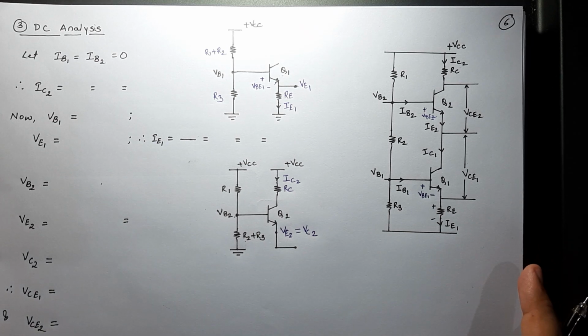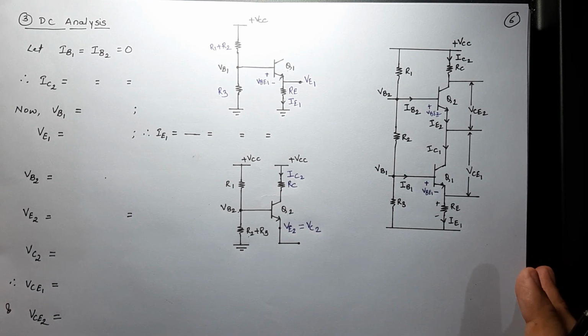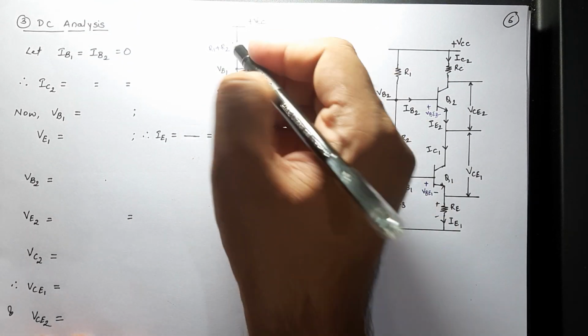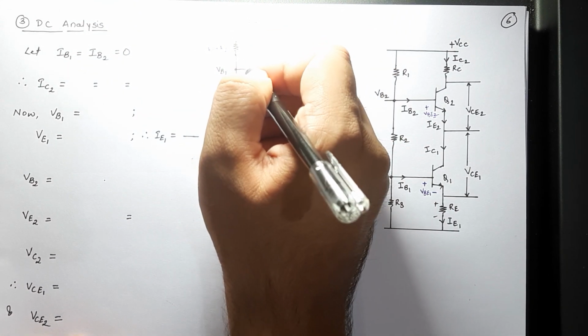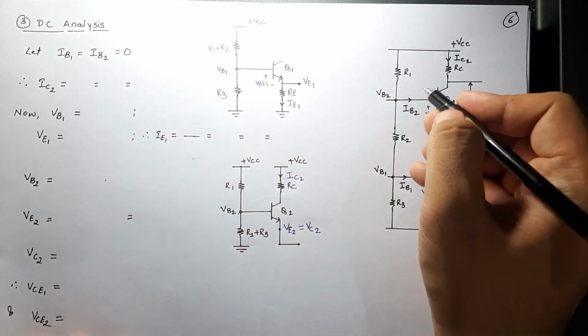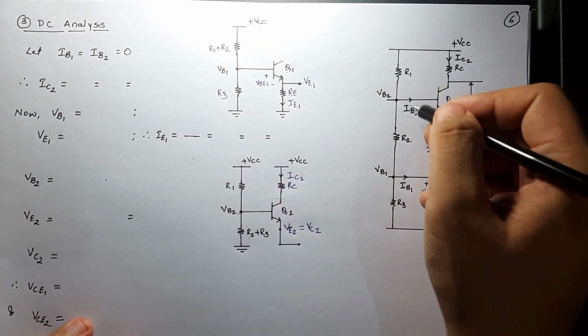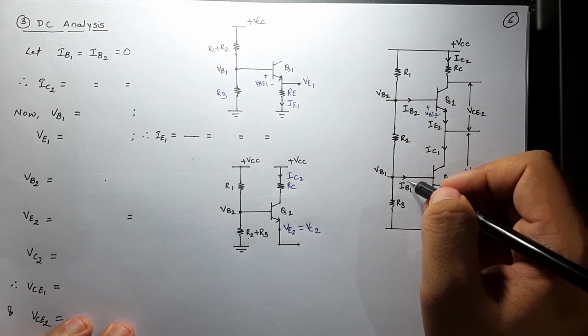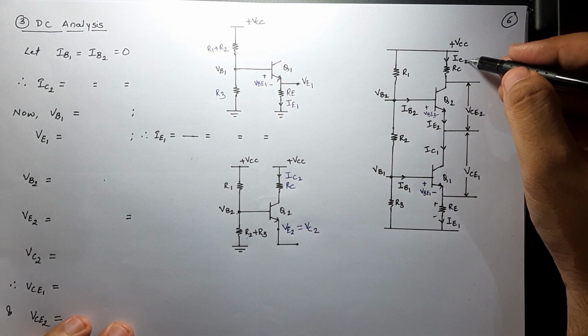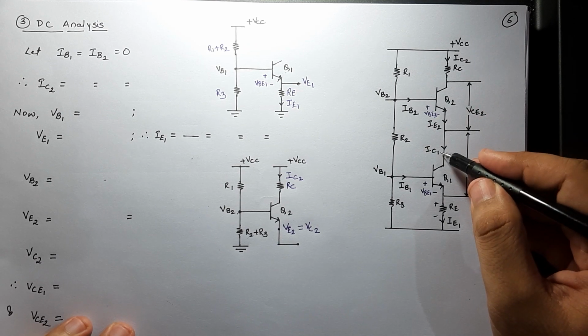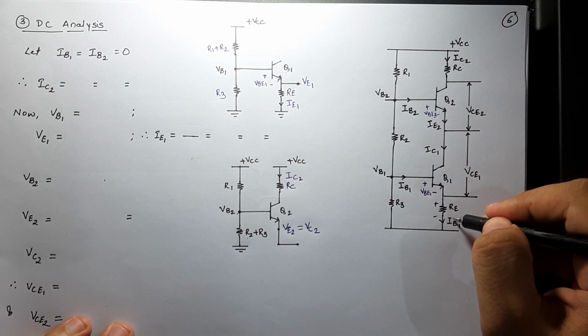For simplification purposes, we have stated that IB1, which is the current coming from the input over here, and IB2, let them be 0. If those two currents are 0, it would be much easier for me to say that IC2 is equal to IE2 is equal to IC1 is equal to IE1.